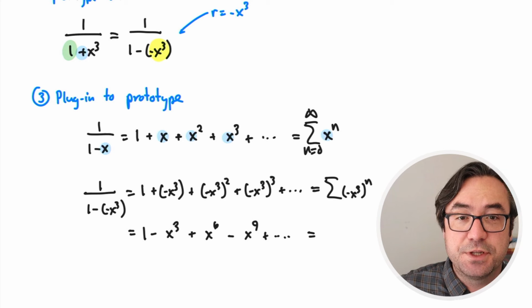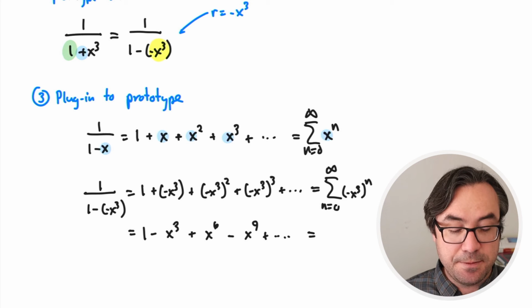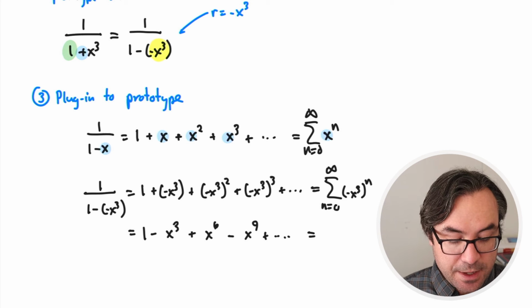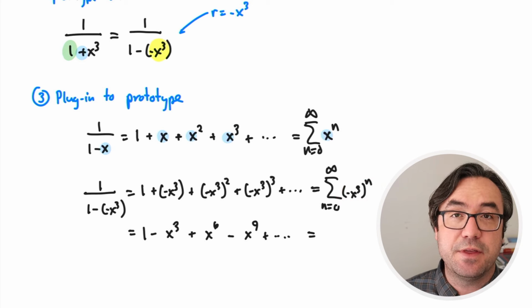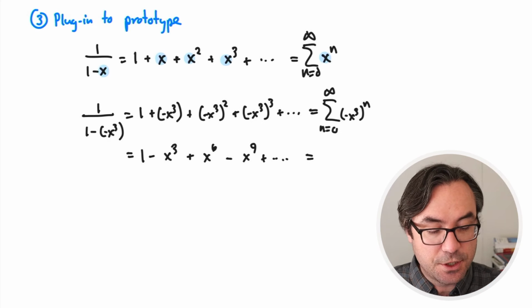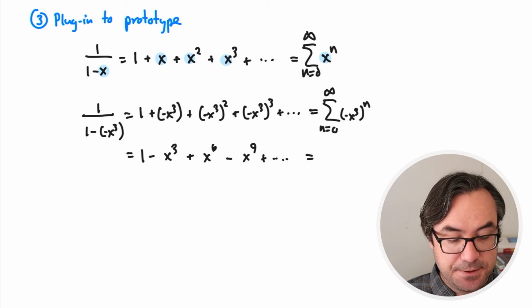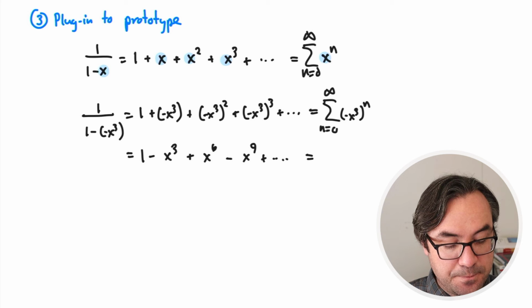And if we do the same thing for our sigma notation, again, we're going from n equals 0 to infinity, and we want to break off the negative and the x cubed part. So to simplify this down a little bit, we can rewrite this negative x cubed raised to the n.